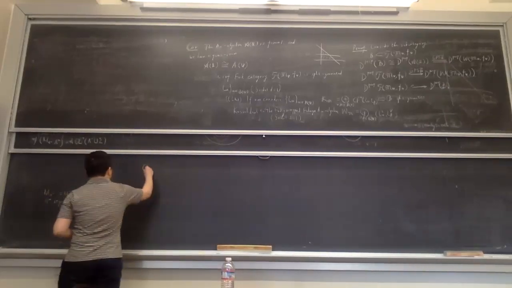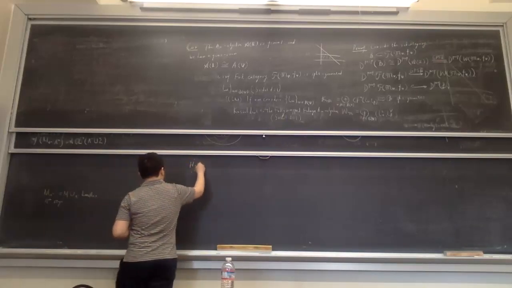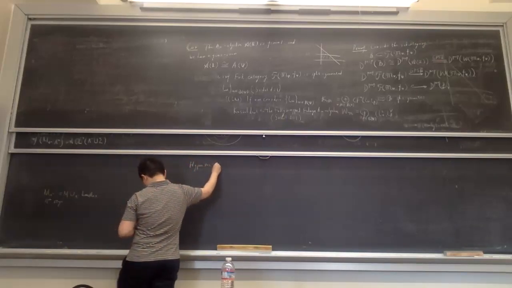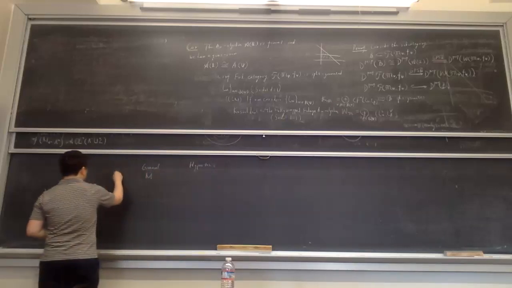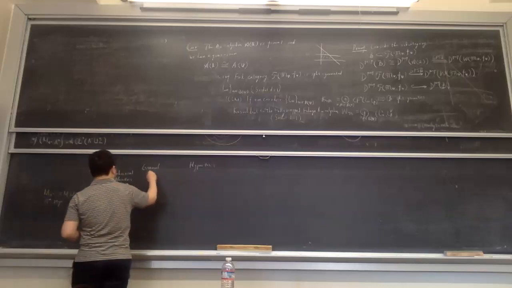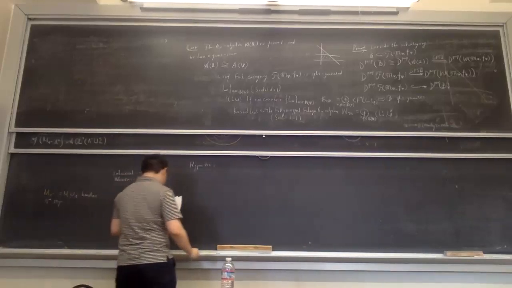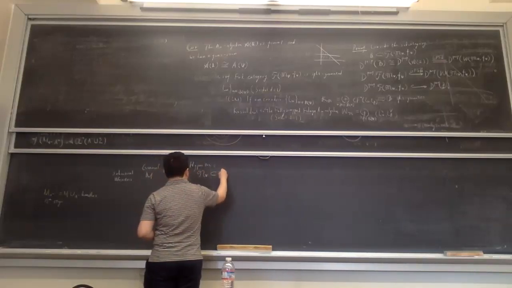So this is general, and this is hypertoric. In general, we have a subcritical Weinstein manifold, which in our case we denote by M. And in the hypertoric case, we have some subcritical part, which I'll denote by N, inside this M.